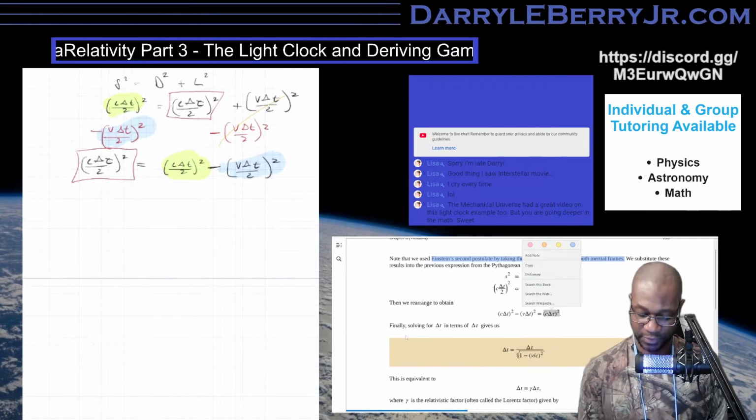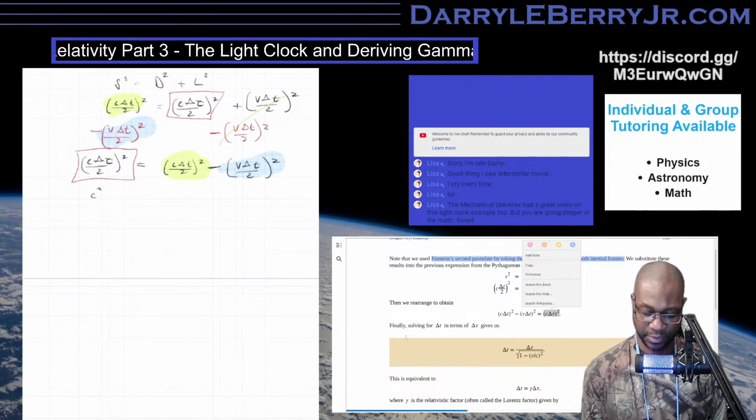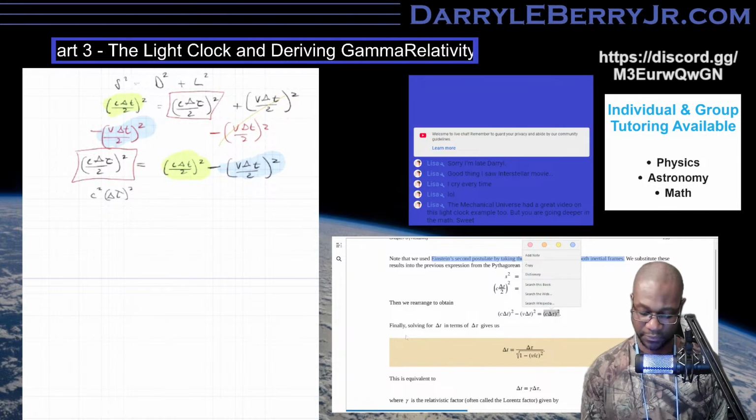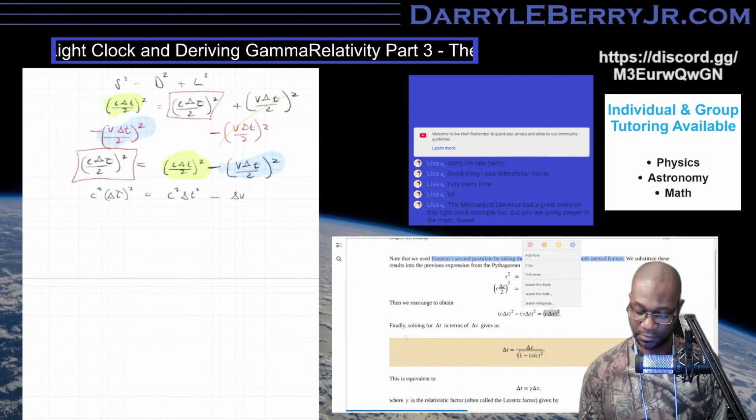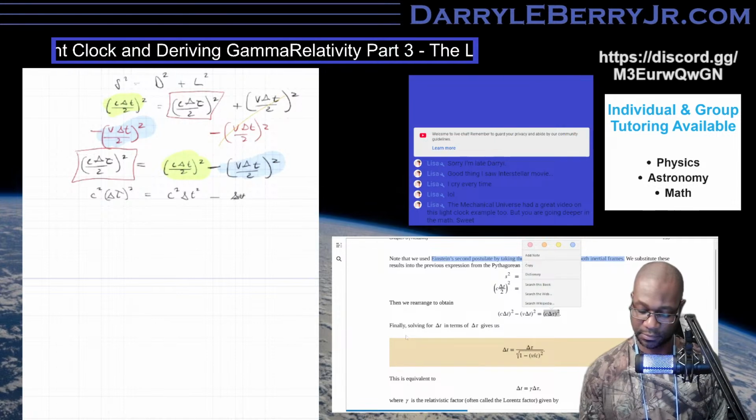So let's do this. So basically what we'll do is we'll square this. We'll square change in tau squared. And we cancel the 4. So we have c squared change in t squared, cancel the 4, and change in v squared, change in t squared, and we cancel the 4.